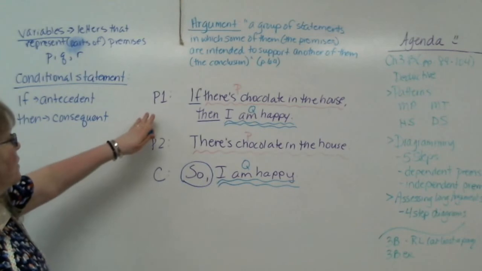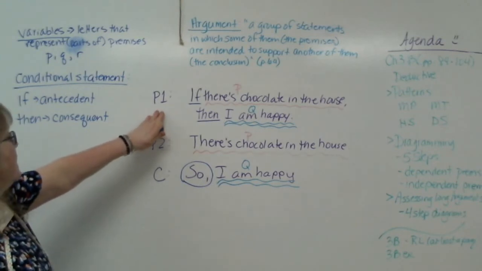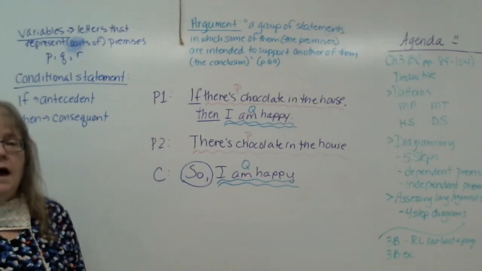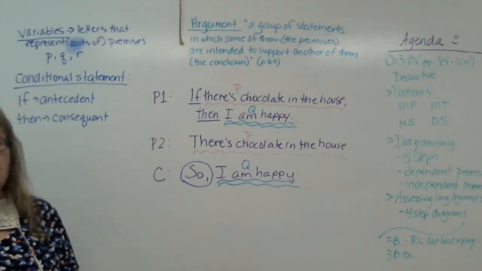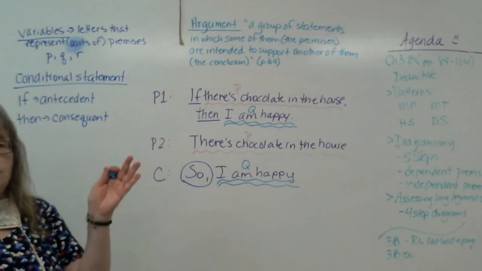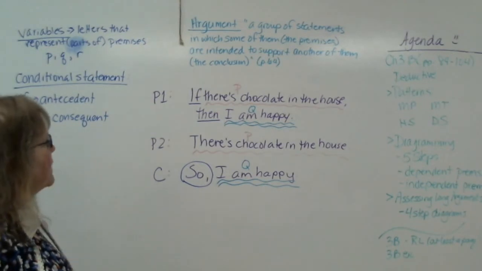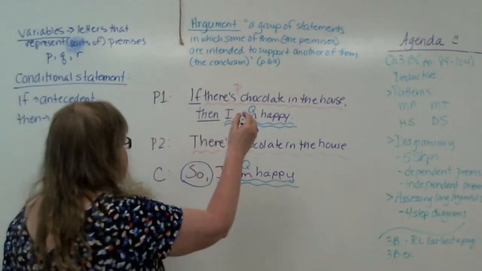So if I'm going to put this into a standardized format, I'm going to use those letters as variables because it shorthands them. It makes it easier to work with. If there's chocolate in the house, I am happy.